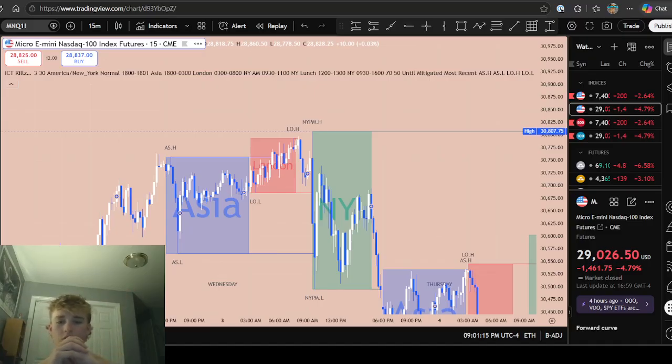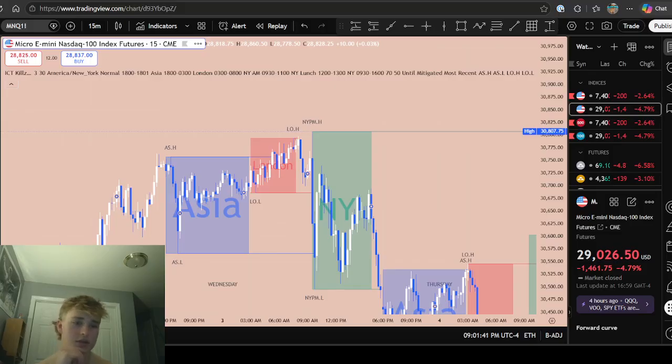New York will sweep out London highs and then reverse and give you a perfect trade setup for the reversal. London doesn't do that as often with Asia, a little less than how New York does it with London. But London still tends to sweep out Asia highs and reverse. And then Asia, not so much.